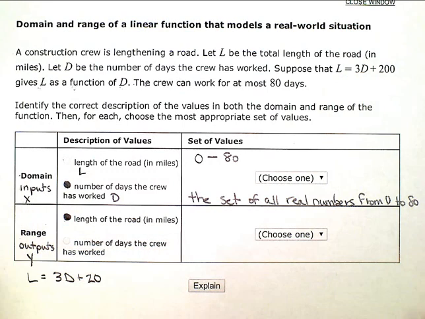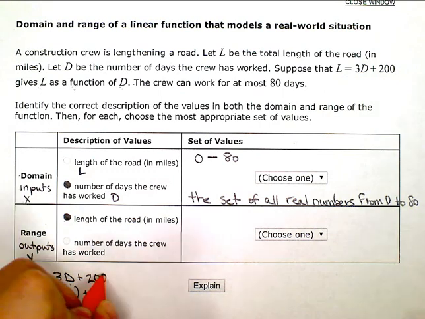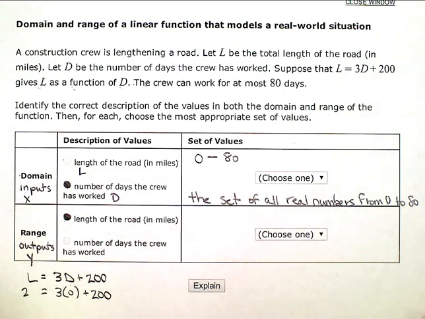If I put 0 in for the number of days worked, I get 3 times 0 plus 200. Or this isn't 20, it's 200. 3 times 0 is 0 plus 200 is 200. So my L is 200.